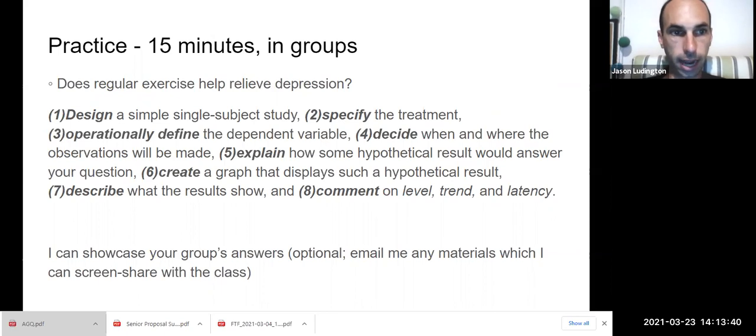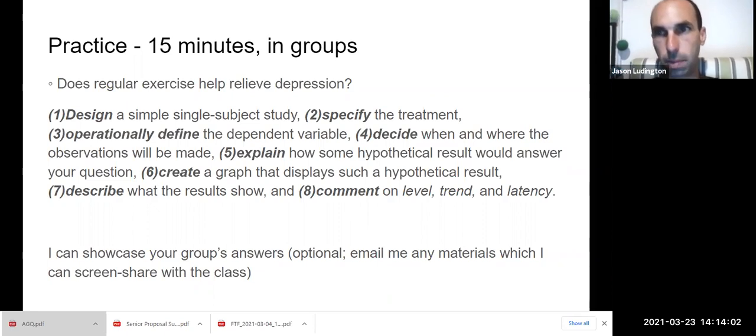All right, so then I can showcase your group's answers if you want, like your graphs that you draw. But you'd have to email me your materials, then I could share them with the class. I'm not sure if you could attach your results in the chat box.